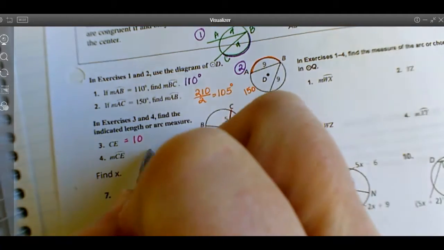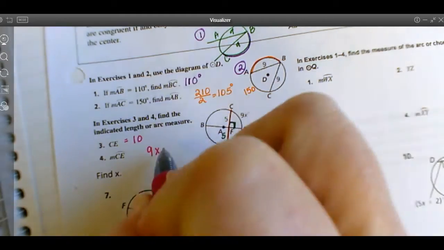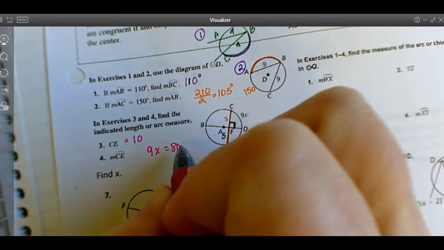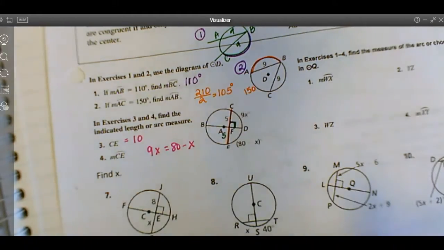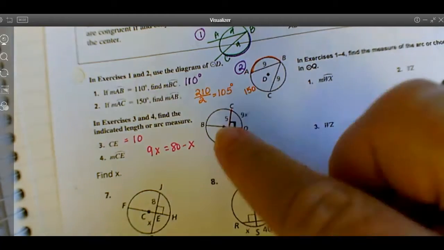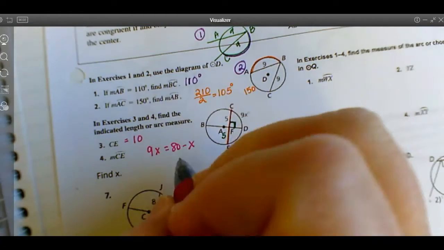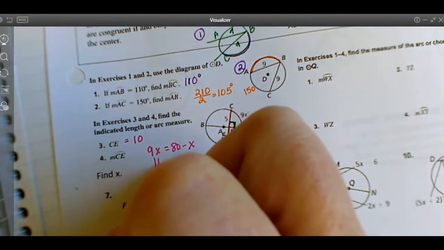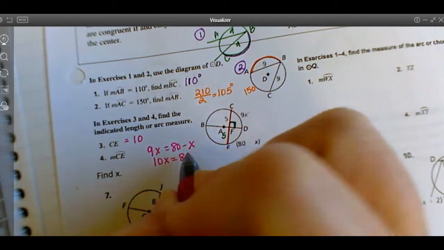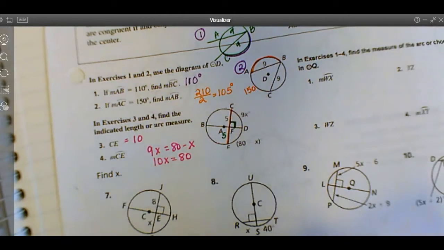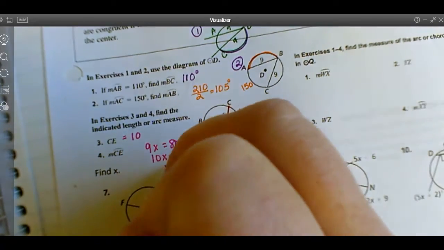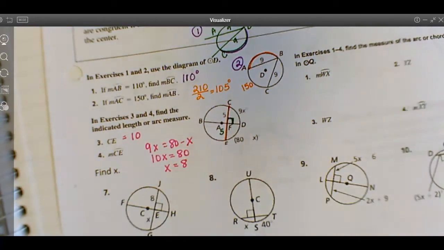So I'm going to take 9x and set it equal to 80 minus x, because I know that those two arcs are going to be the same. Add x on both sides, so I get 10x equals 80. Divide by 10, so x is 8.